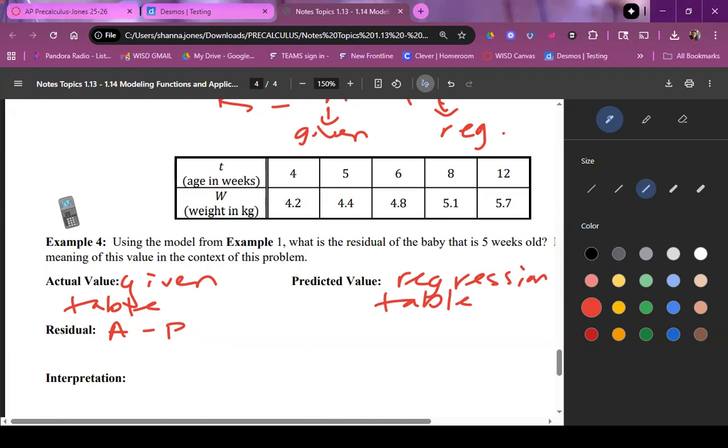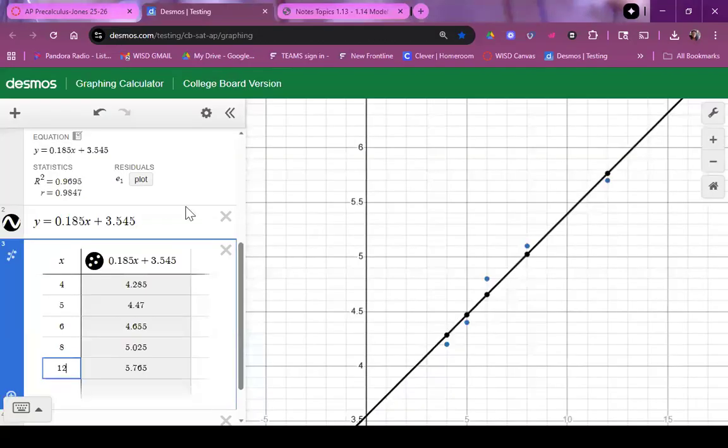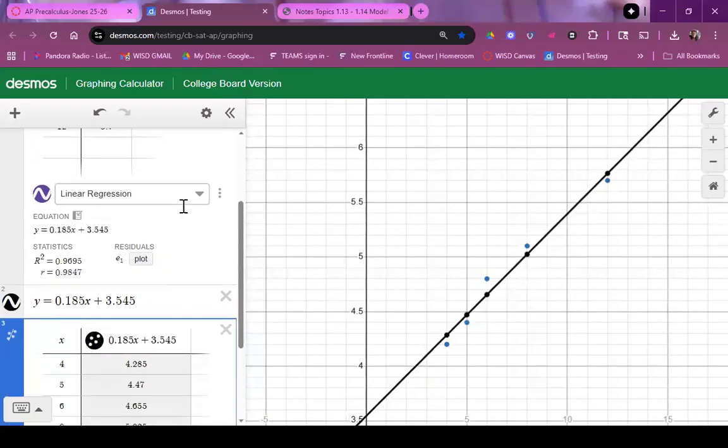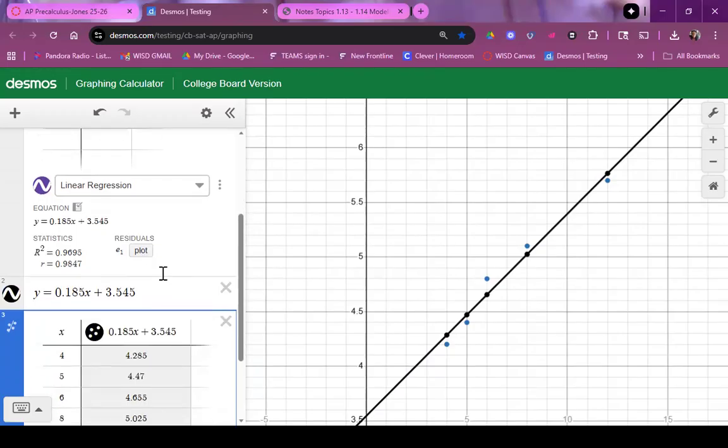And you're finding the difference between those values. And so based on that difference, you would interpret it by saying, is this a good model? Okay. You want it to be small and as close to 0 as possible, right? Because of the AP test, ultimately, you're going to see that your residual is pretty small.